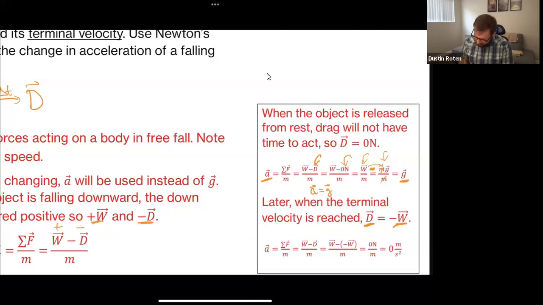So when this happens, when these are equal and opposite, they're essentially going to cancel each other out.